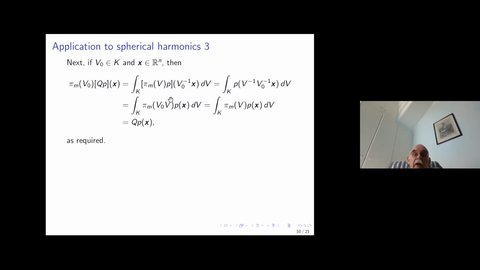So this is my variable that I'm integrating over, and here I'm effectively translating the variable by v0. But I get the same answer if I remove the translation by v0. So I get this answer here, and that is QP of x by definition. So when I take this QP, when I act on it by v0, nothing happens.